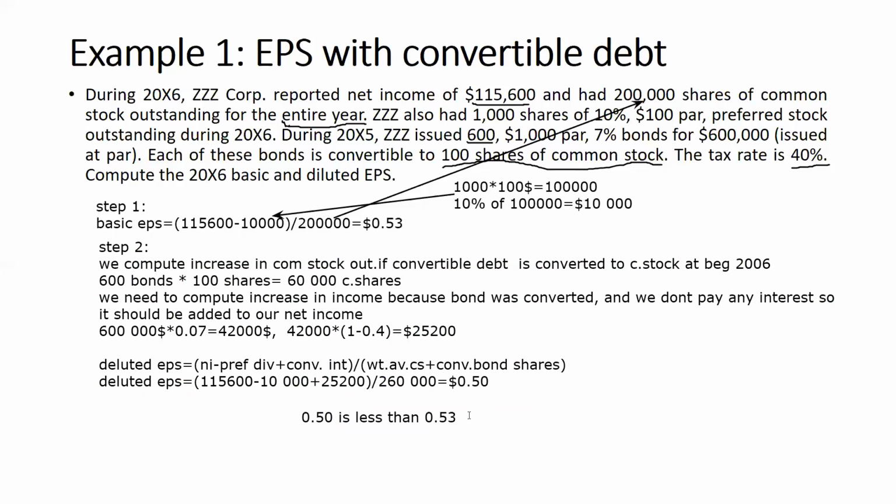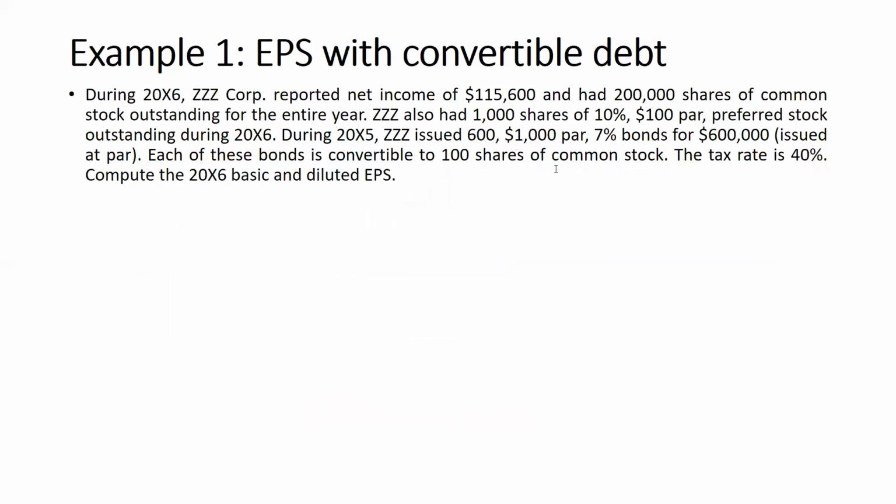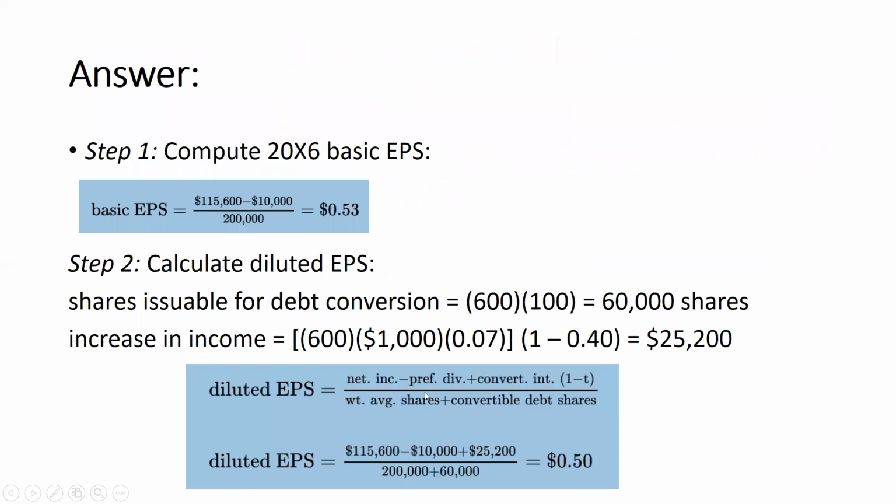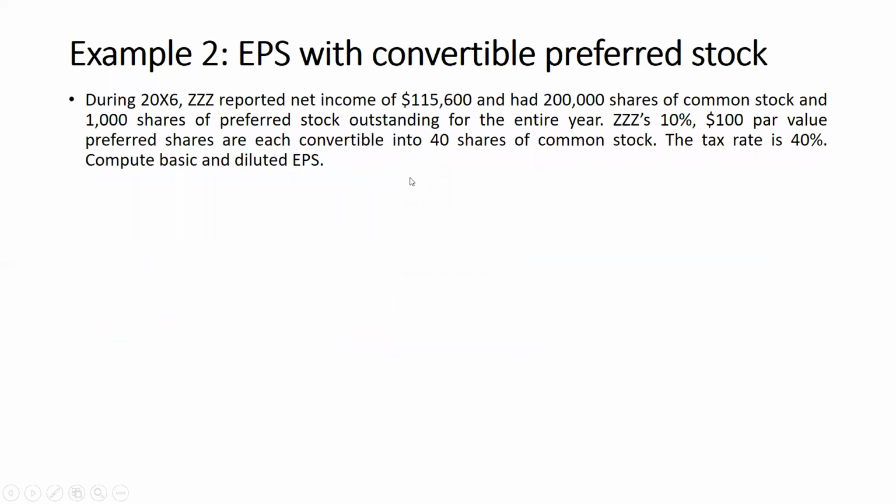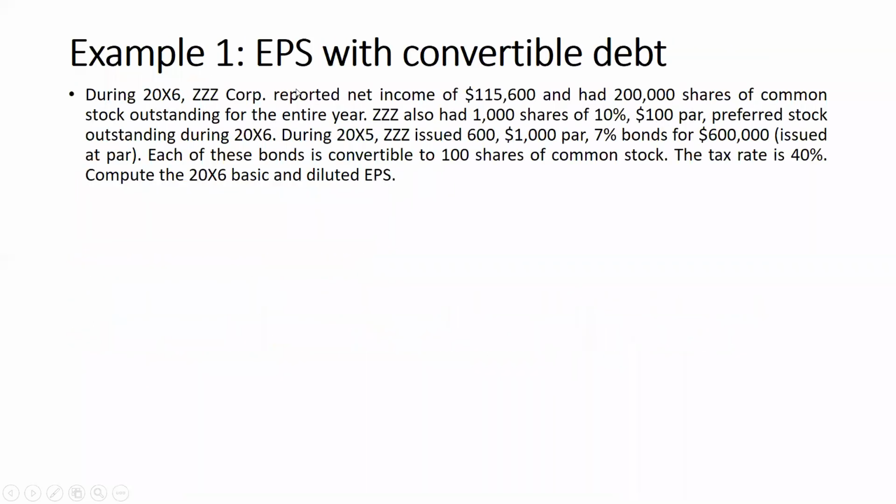Okay, clear all drawings. This is the calculation that we did, just abbreviated shortly. Okay, let's move to another example. The first example was EPS with convertible debt.